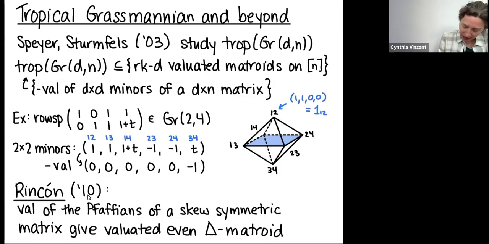Then the image of the space of skew symmetric matrices under this map gives what's called a valuated even delta matroid, which maybe I won't define for the moment. But this is another notion of minors giving nice combinatorial structure.